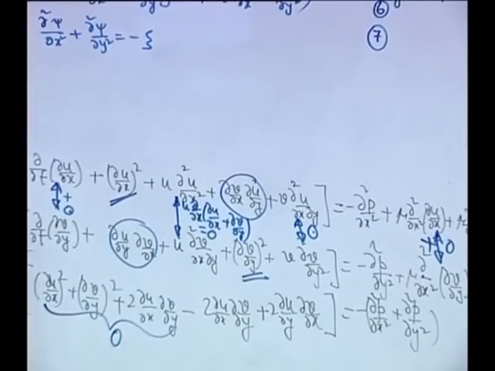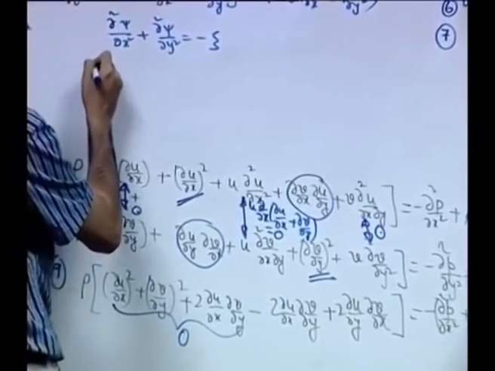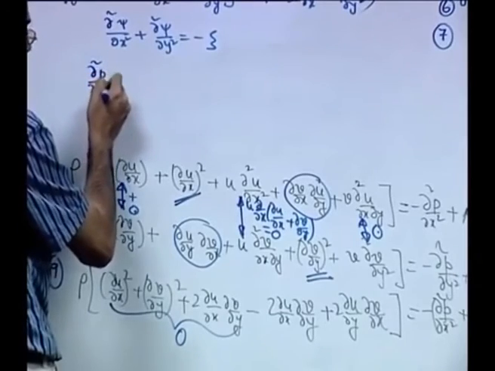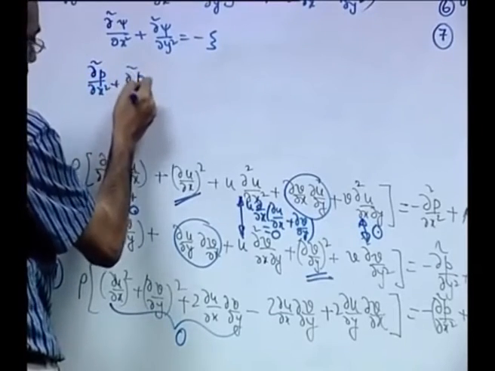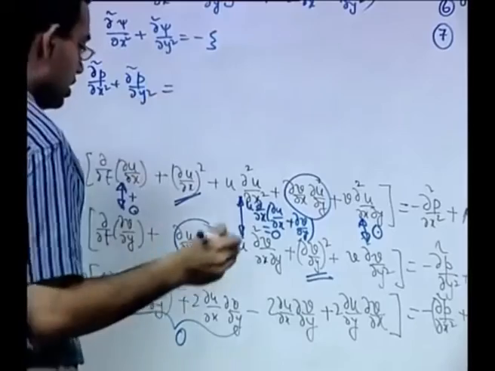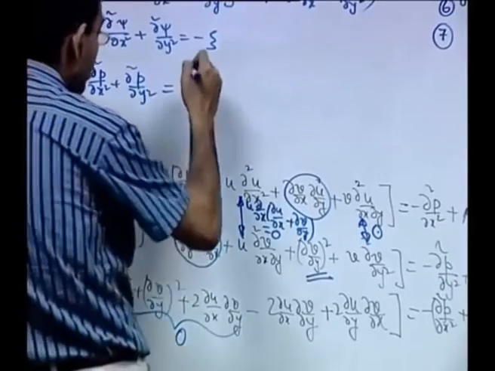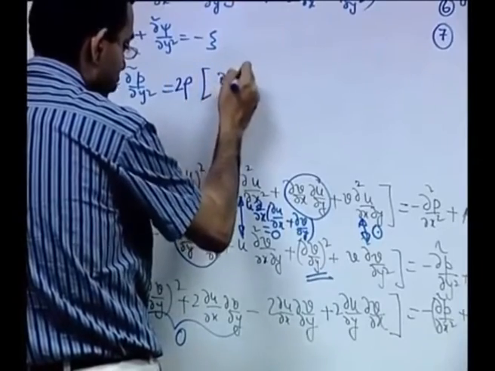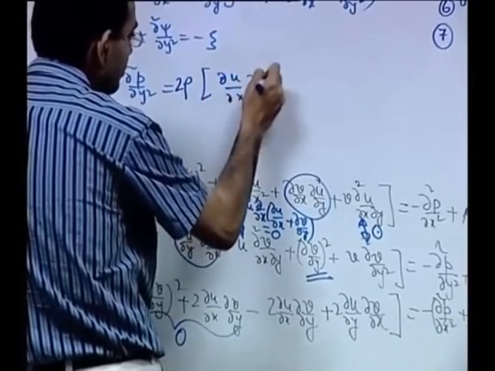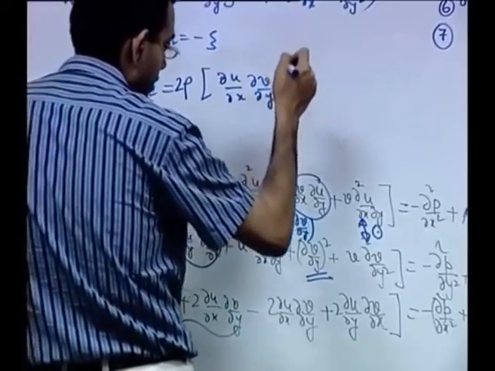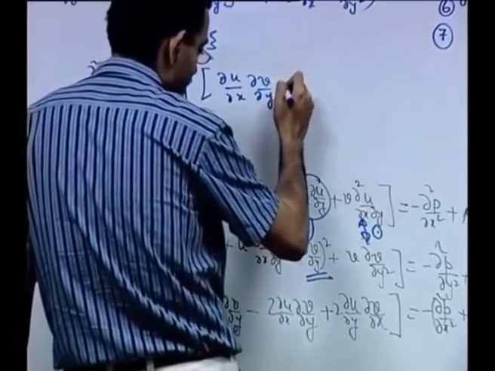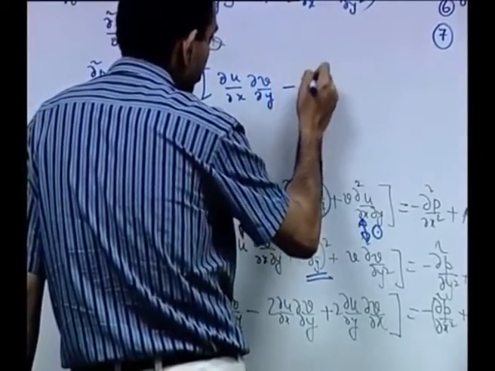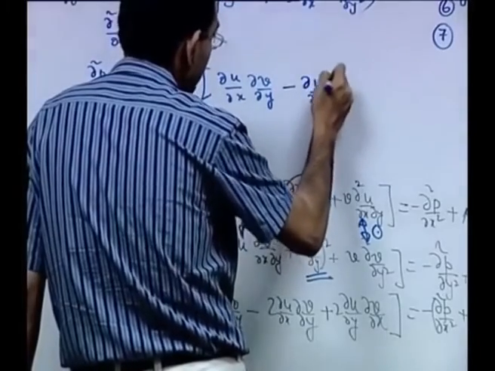So, you have the governing equation for pressure as del square p del x square plus del square p del y square is equal to rho into 2 rho into del u del x del v del y minus del u del y del v del x.